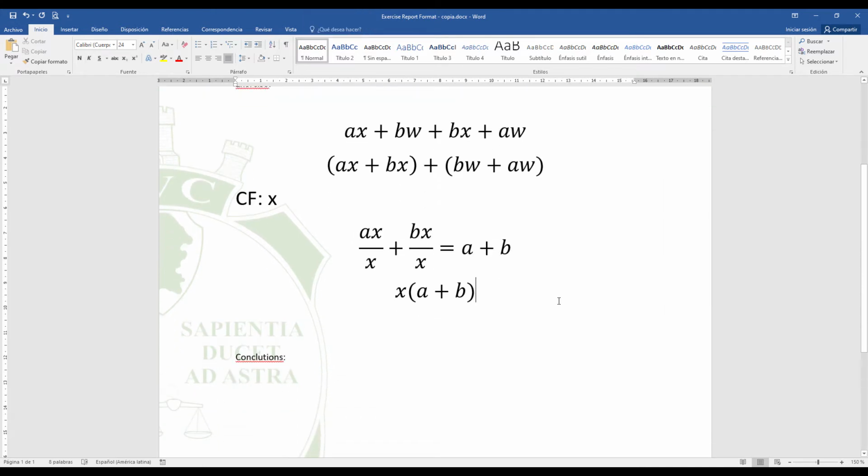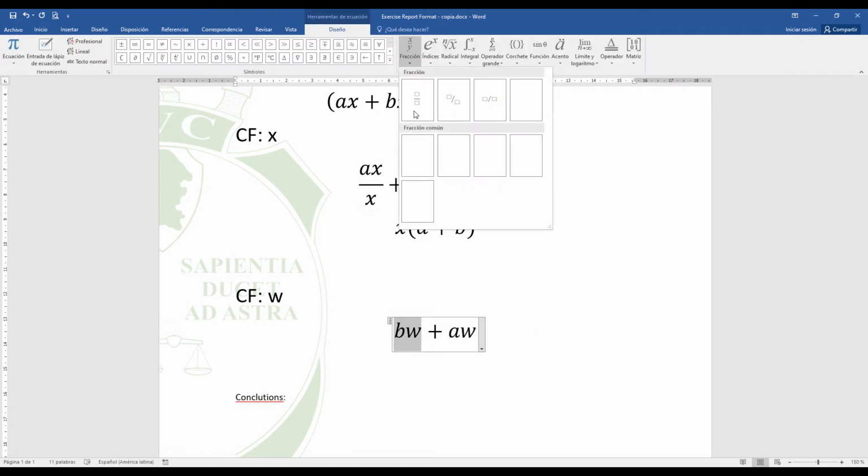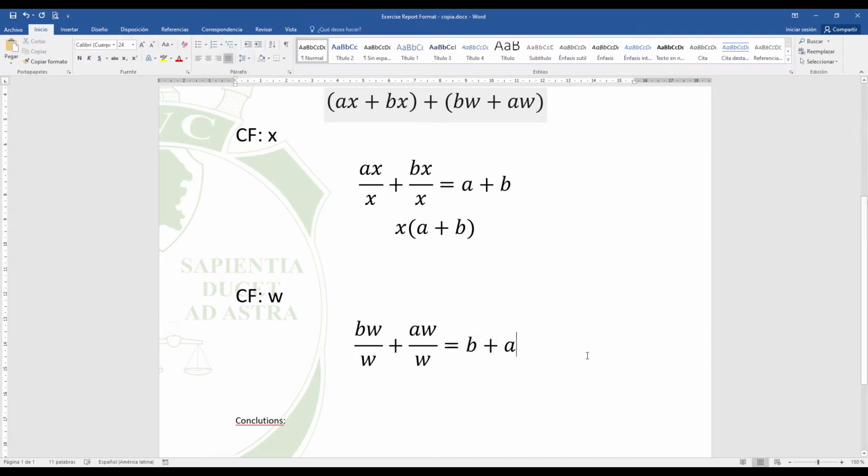Okay, now you need to look for another common factor for the other group. The common factor here will be w, so you will divide all the expression and you will get b plus a.